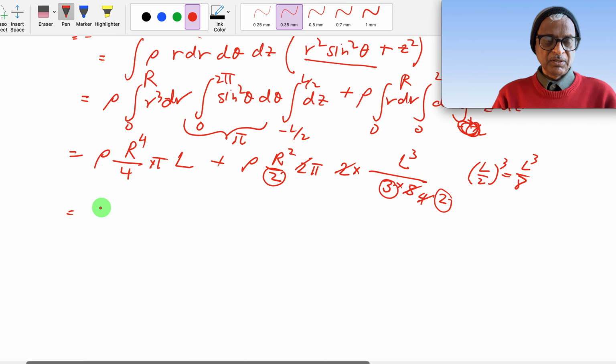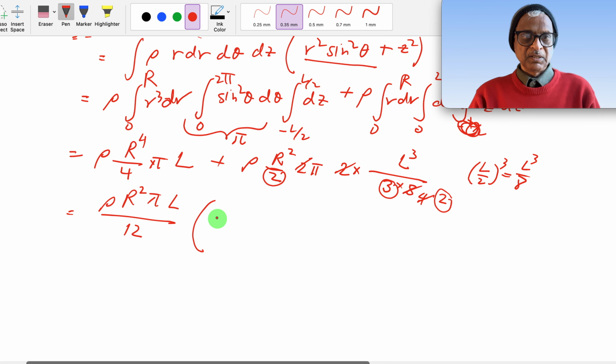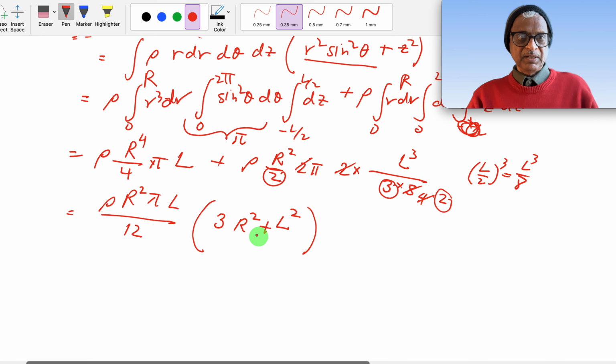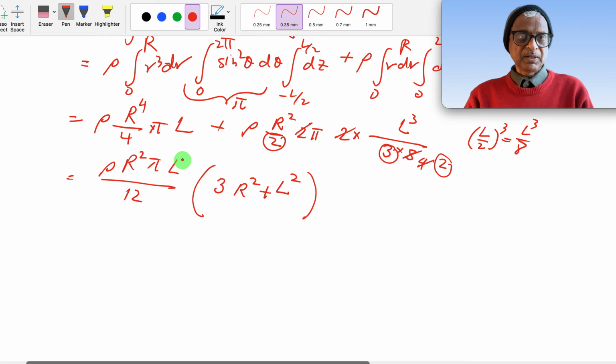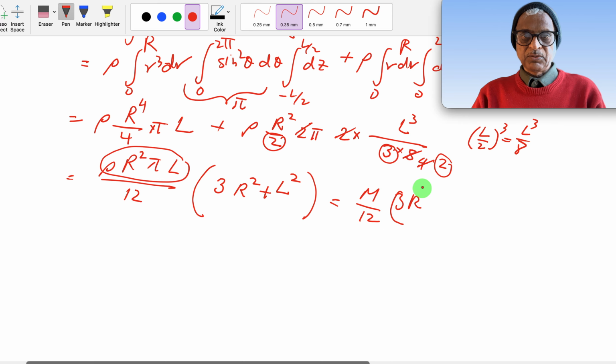So let's see, rho r square is common, pi is common, L is common. Let's take 12 out, then it's 3r square plus L square left. And this is rho pi r square L. This whole thing is just mass. So this is mass over 12 times 3r square plus L square.